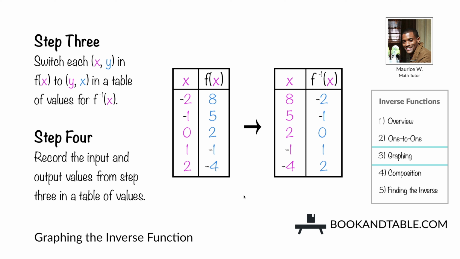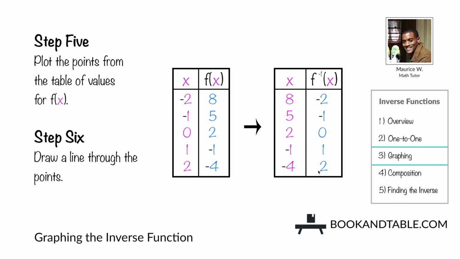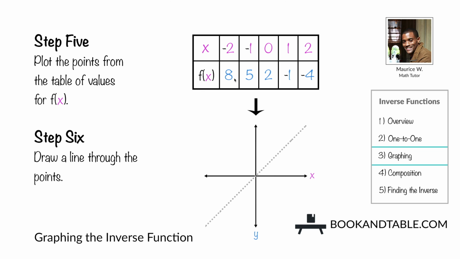Okay, so now that we've recorded the input and output values from step 3 in a table of values here, step 5 is to plot the points from the table of values for f of x and then draw a line through those points. So we have our table. We have our y is equal to x line, 45 degrees in quadrant 1 and quadrant 3.